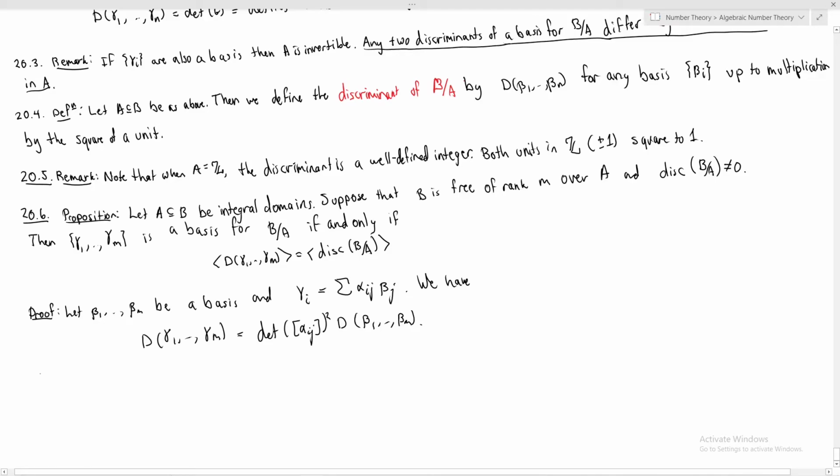So first let's consider what happens when these are a basis. The result is clear in that case. It's clear if gamma 1 through gamma m are a basis, almost by definition. I guess really this boils down to the remark I was making earlier.